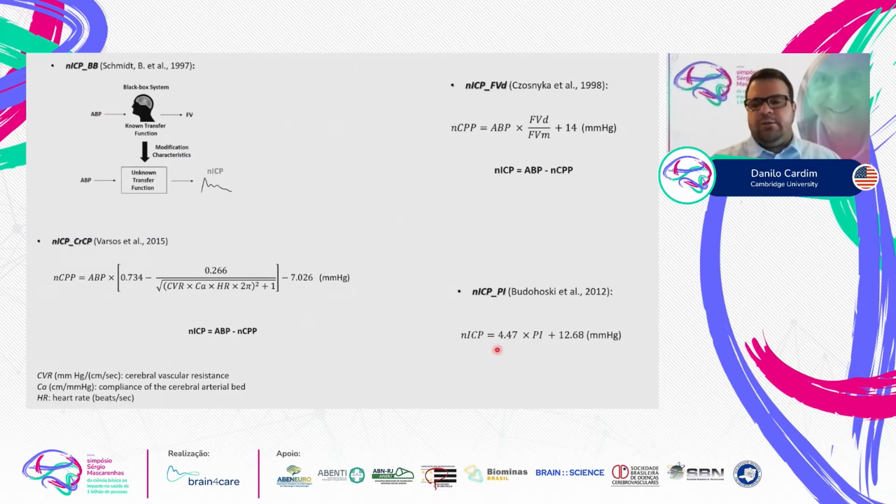For that purpose, one of our colleagues, Cyrille Budohoski, back when he was a PhD student in the lab, extracted this formula based on about 300 patients that we had with concurrent measurements of cerebral blood flow velocity, intracranial pressure, and arterial blood pressure. We obtained this formula that could be used to assess intracranial pressure non-invasively and also provide us with an absolute value.